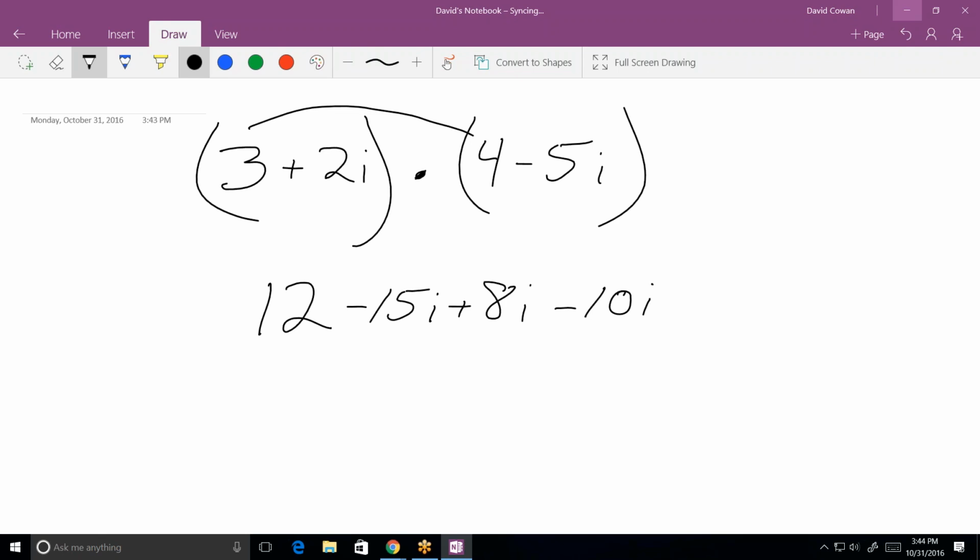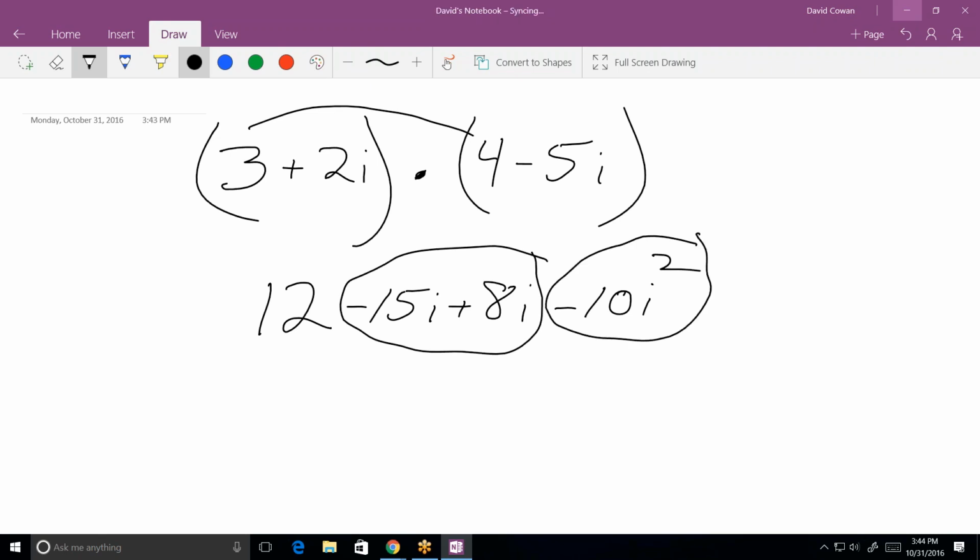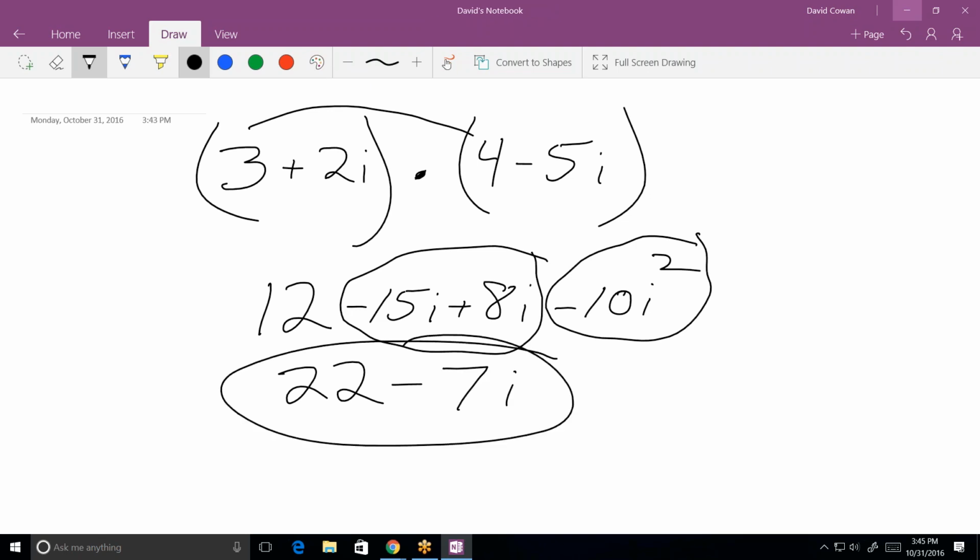Now, we can combine those two terms, but the real key here is converting that to a real number. Remember that I squared is -1. So the thing that I have circled on the right, what is that going to be equal to? It's going to be equal to positive 10. I'm going to add that to the 12. I'm going to combine these two terms, minus 7i, and that's our answer.